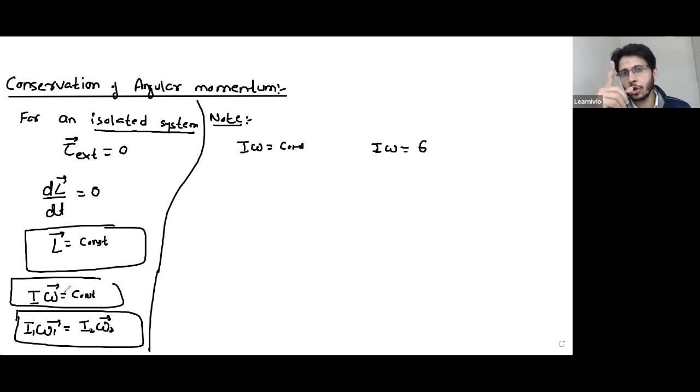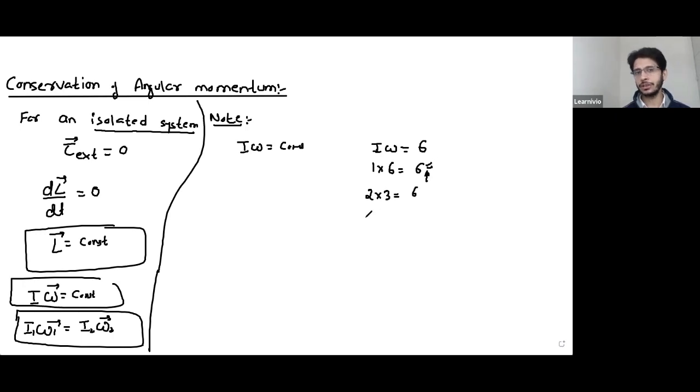I can change, omega would change, but I into omega will remain constant. When I say that I into omega is 6, that means you can put any value to I. Let's say I call I as 1. Then your omega would be 6, so that the product is 6. If I'm increasing the value of I to 2, then omega will decrease to 3, so that the product is constant.